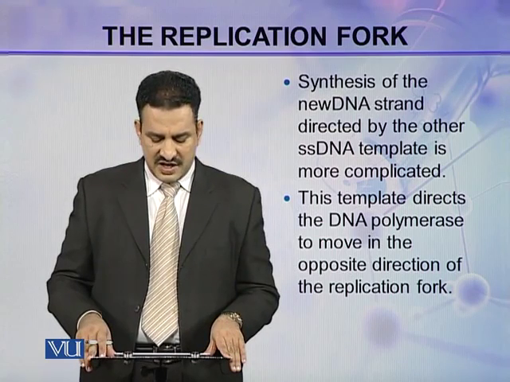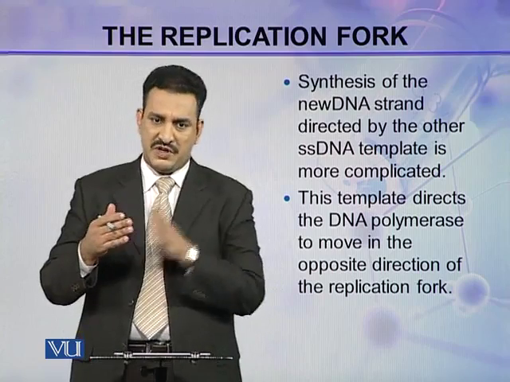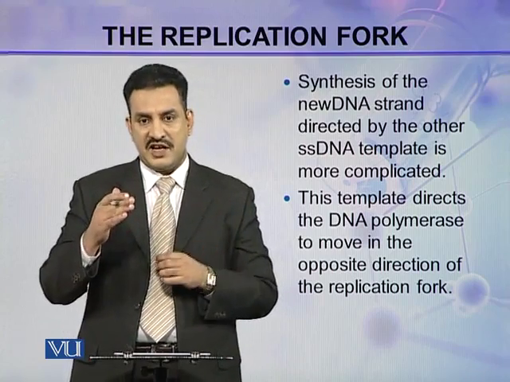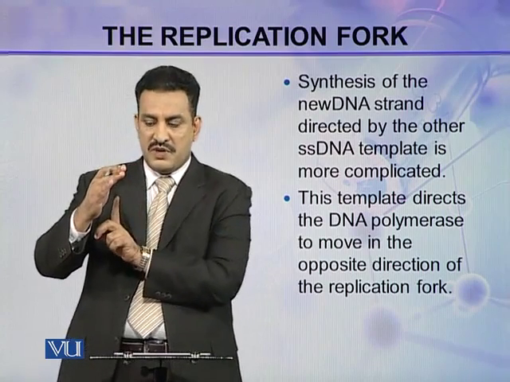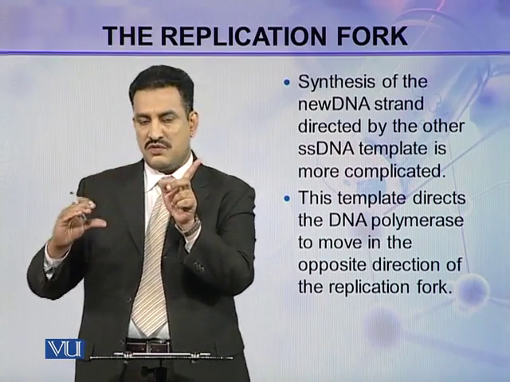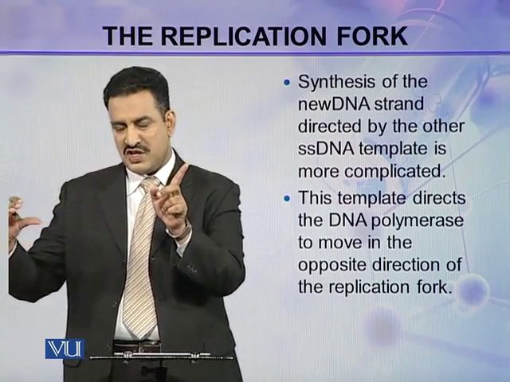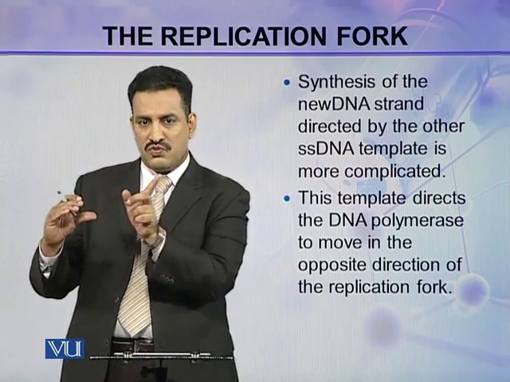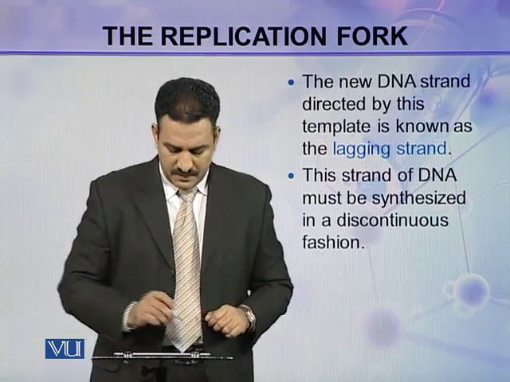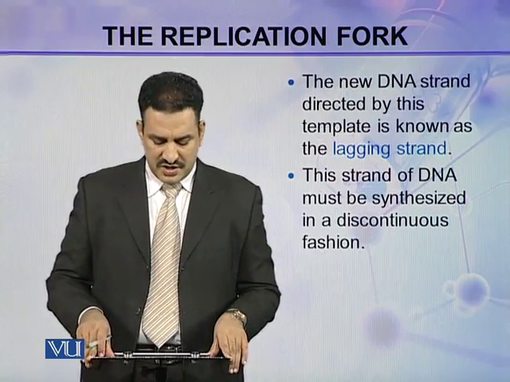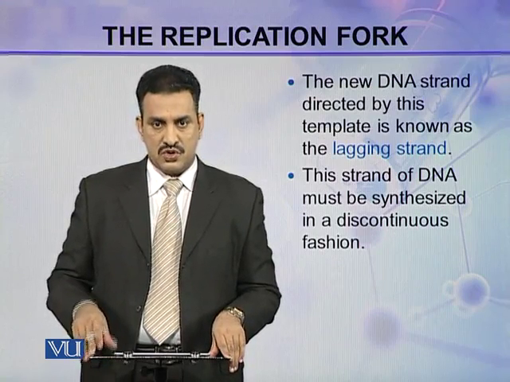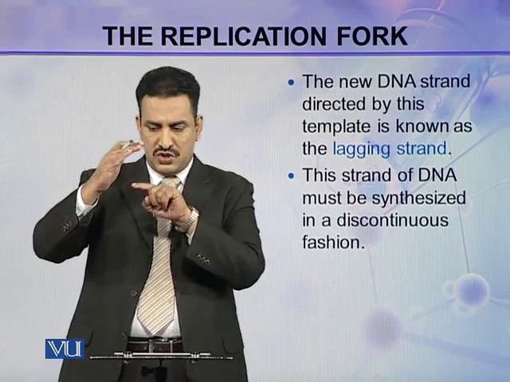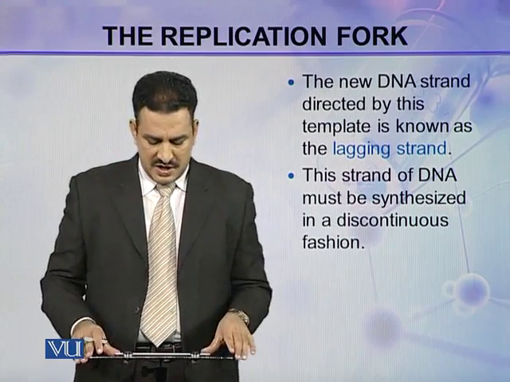This template directs the DNA polymerase to move in the opposite direction of the replication fork, because the 5 to 3 prime direction on this template will be opposite to the fork. The fork will move towards this direction and synthesis will move towards this direction. The new DNA strand directed by this template is known as the lagging strand. So the new strand on this template is called the lagging strand.